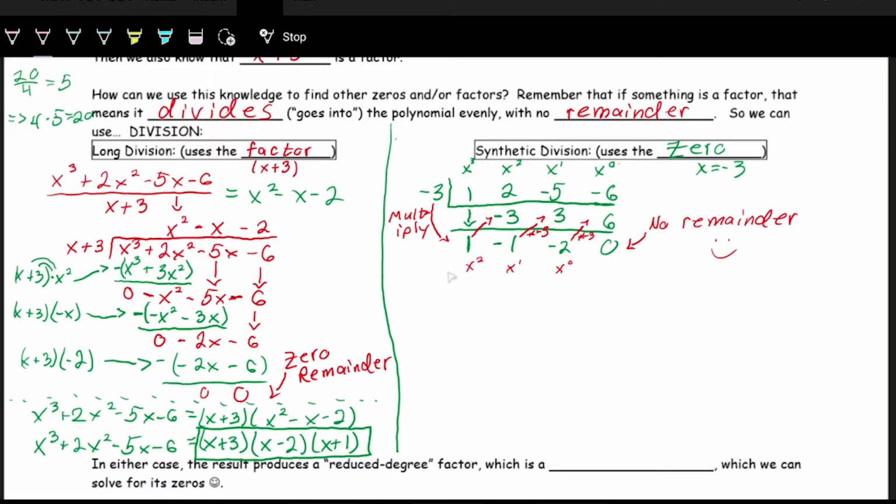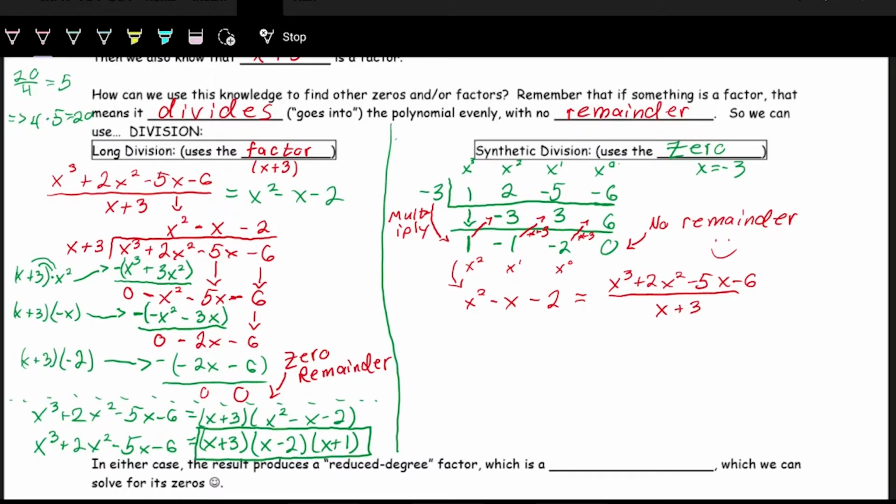And so we could write this polynomial out as 1x squared, which is x squared, -1 x to the 1, which is just -x, and then -2 x to the 0, which is just -2. So this is the result after we do the division of x cubed plus 2x squared minus 5x minus 6 divided by x plus 3.